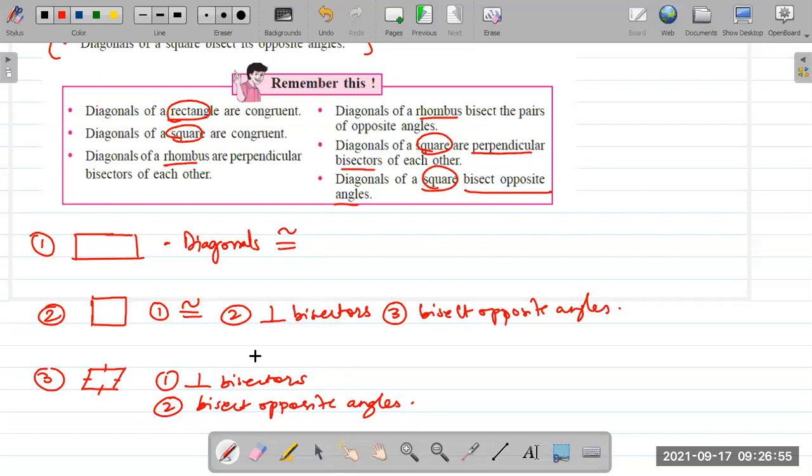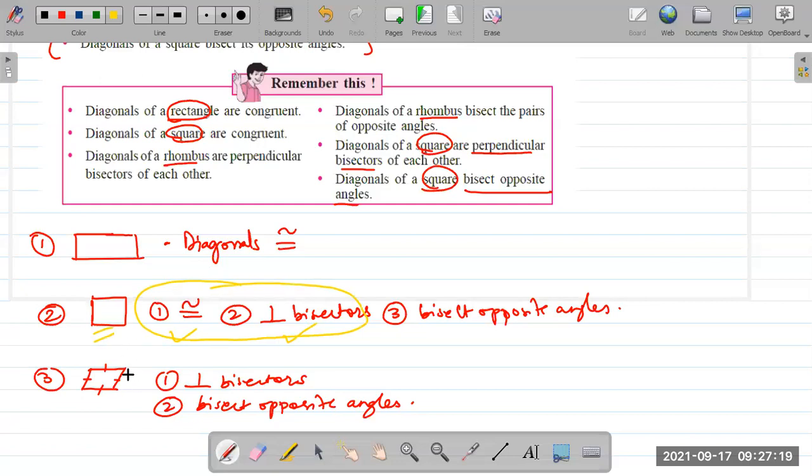Okay, so just by looking at the properties of diagonals, you can identify what type of shape it is. Okay, so if I say that there is a quadrilateral with equal diagonals, with the diagonals congruent, and the diagonals are perpendicular bisectors to each other, if I give you only these two properties, still you should be able to say that yes, it is a square.